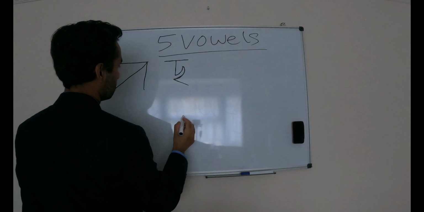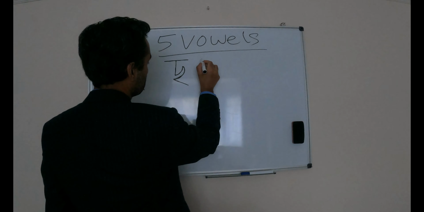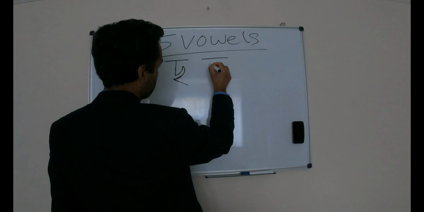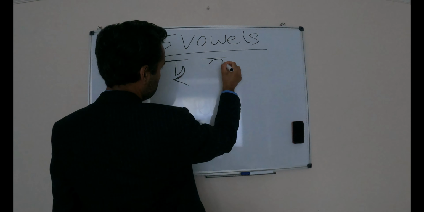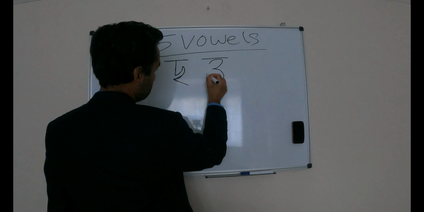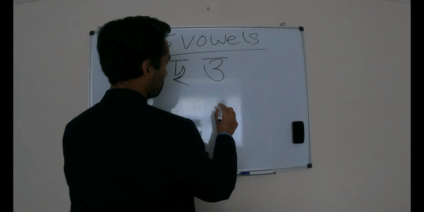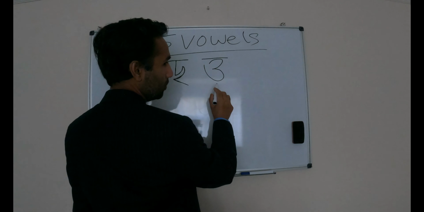That's that one. Third vowel, same again, line across the top. And this time it's kind of like a 3, you do. That is the U sound.